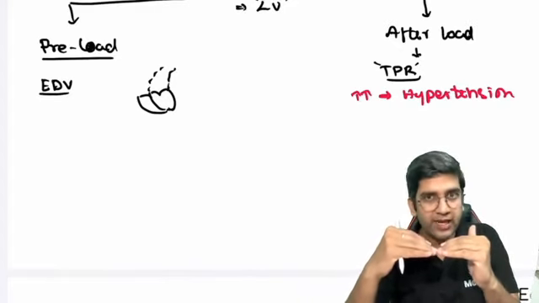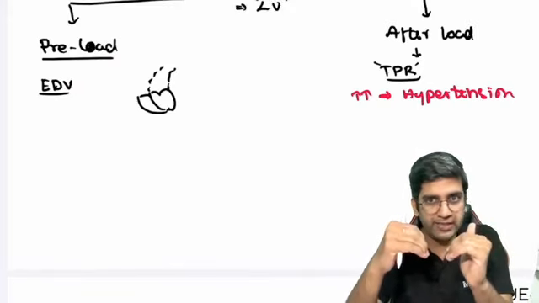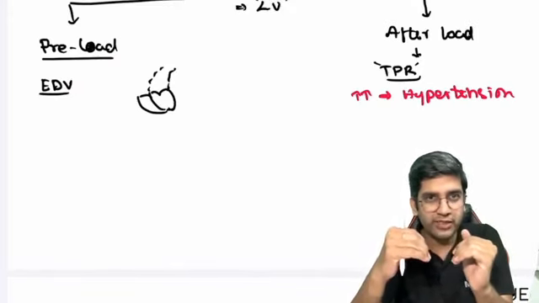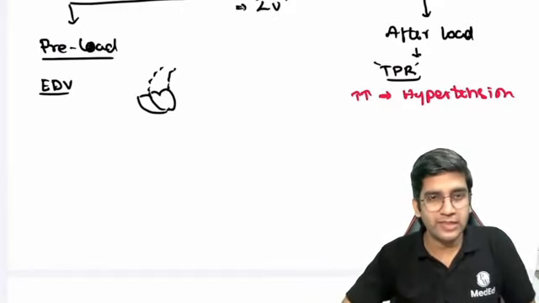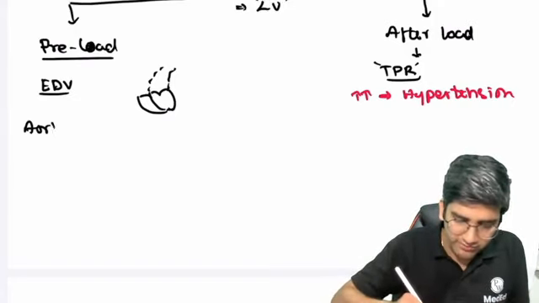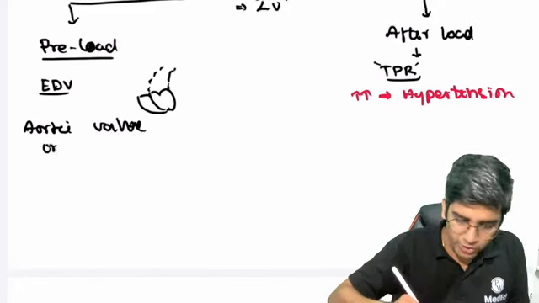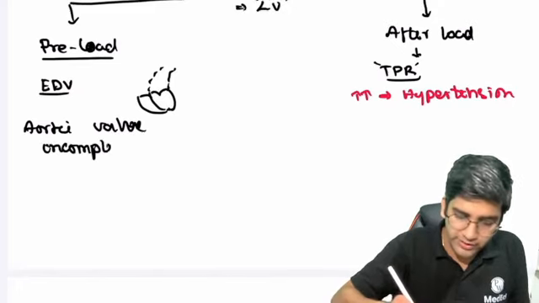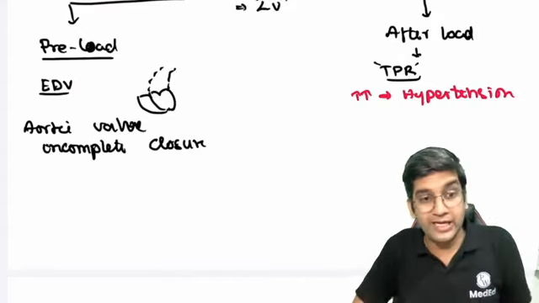Let's assume the valve is not closing properly. It pumped, it didn't close completely, there's a gap. Is there a possibility blood can drop back into the left ventricle? If the aortic valve has an incomplete closure, the blood can drop down into the left ventricle. It can, right?